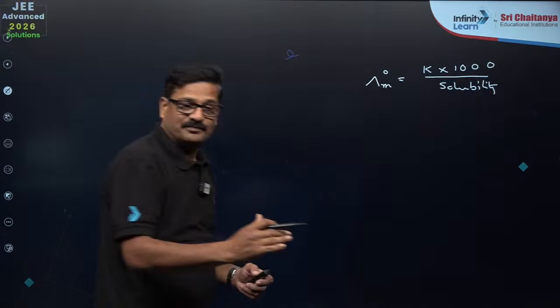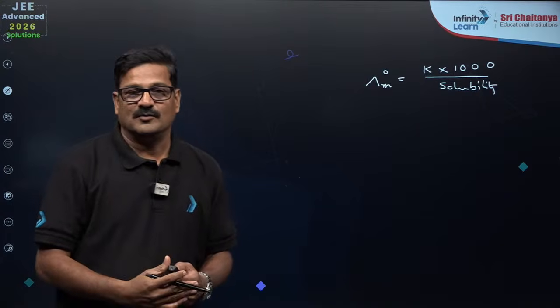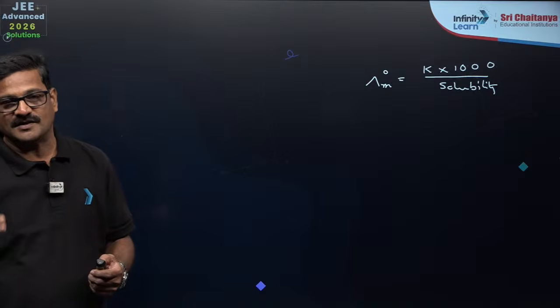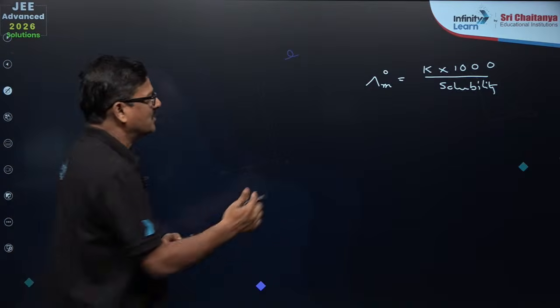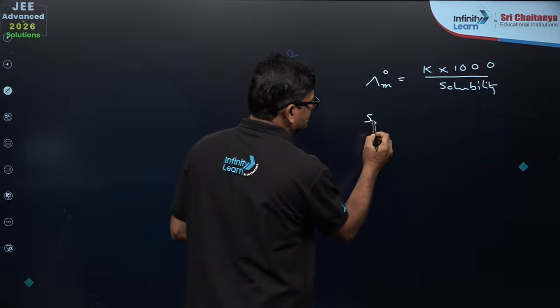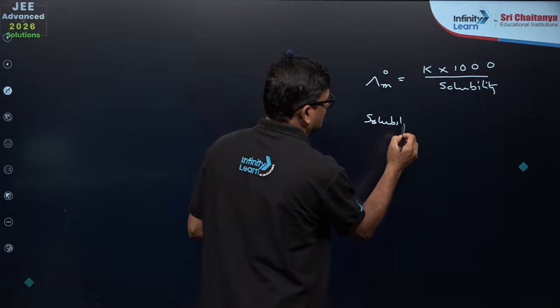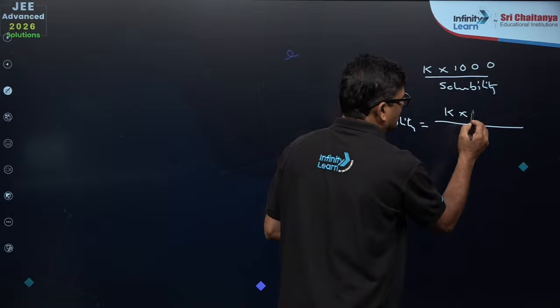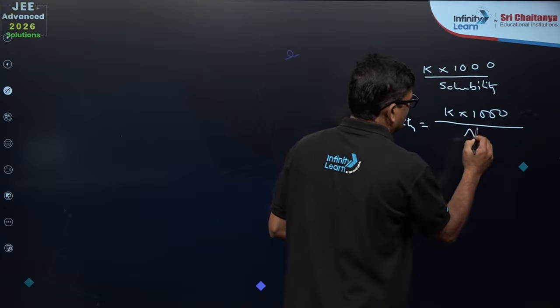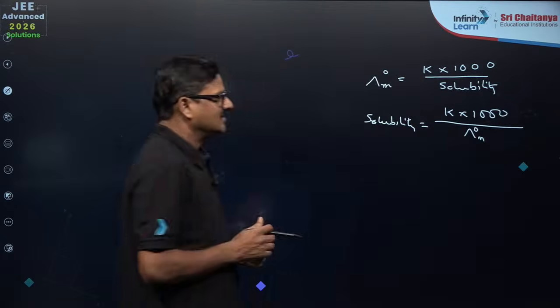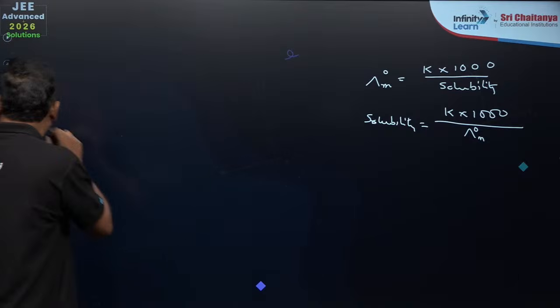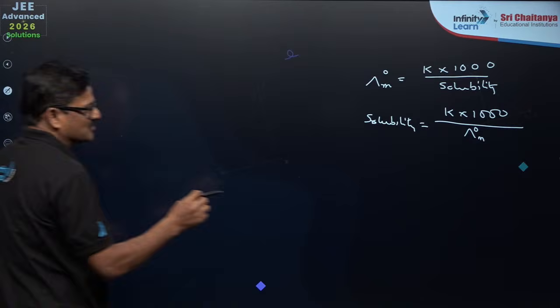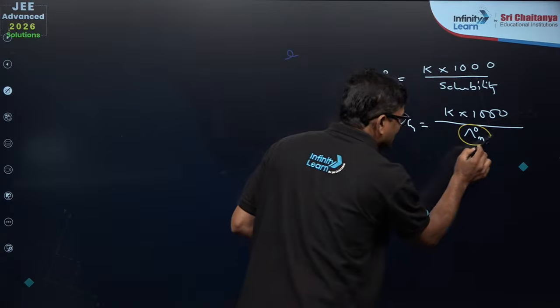So if you know the molar conductance at infinite dilution, that is called limiting molar conductance, you can calculate the solubility is equal to K into 1000 by limiting molar conductance. Now the key point is the limiting molar conductance you have to calculate. So this has to be calculated.